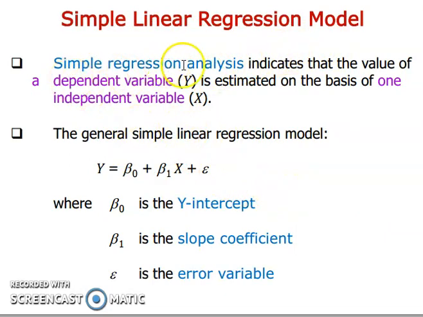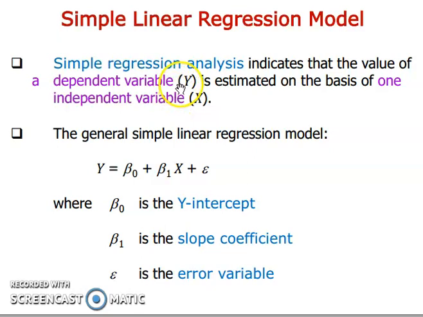So simple regression analysis indicates the value of a dependent variable, which is y, is estimated on the basis of one independent variable, which is the x. So you have two variables, one is y, one is x, and this is called simple linear regression model.